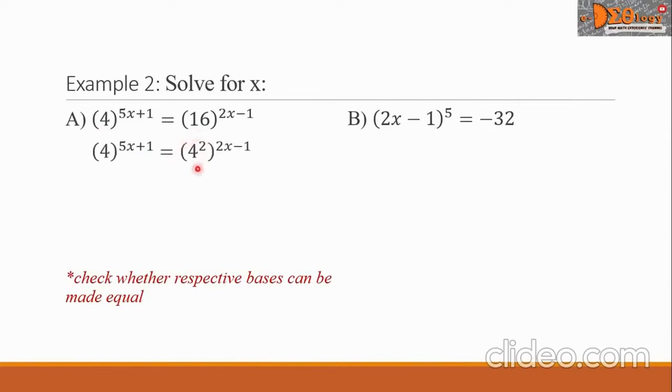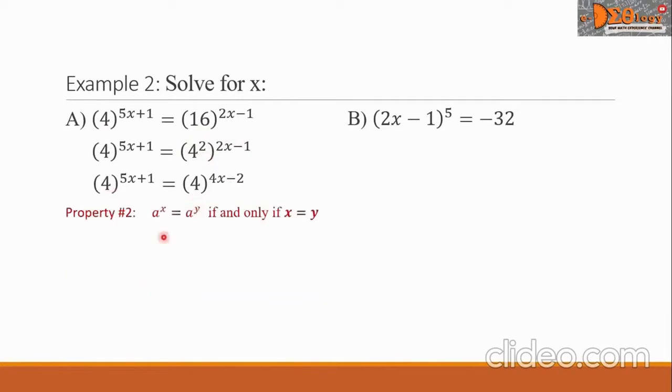The 16 becomes 4 squared. And the power 2 here, we can multiply with our exponent outside. So the 2 times 2x becomes 4x. 2 times negative 1 becomes negative 2. On this line, we can see that the bases are now equal.